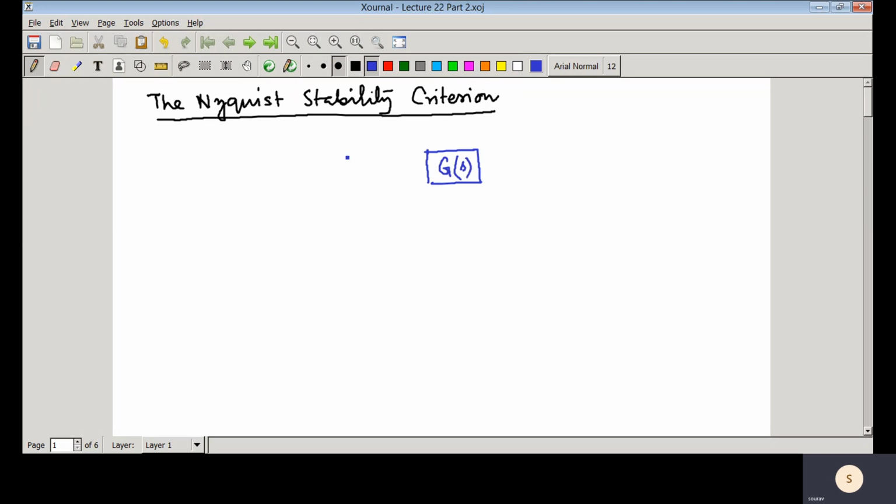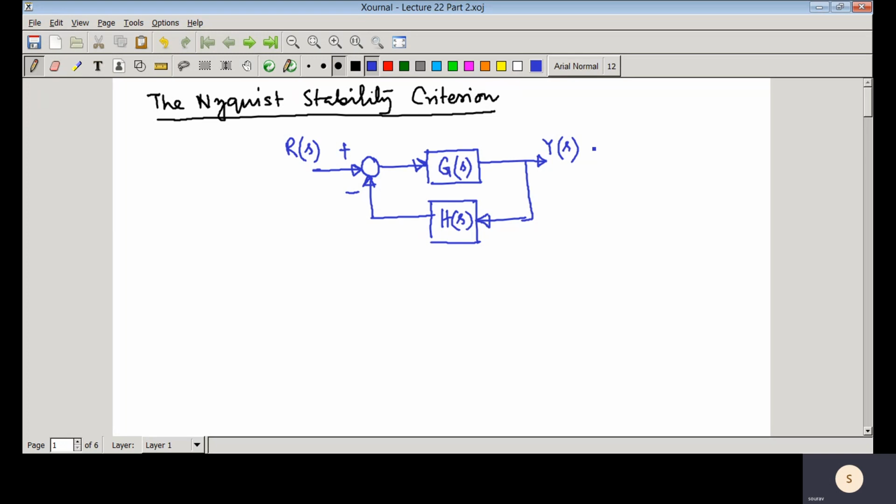Suppose this is the forward path transfer function G of S, and we have the feedback transfer function H of S. Suppose this is negative feedback, the reference command is R of S, and the output is Y of S. So this is the closed loop transfer function, and here the loop transfer function is G of S, H of S.